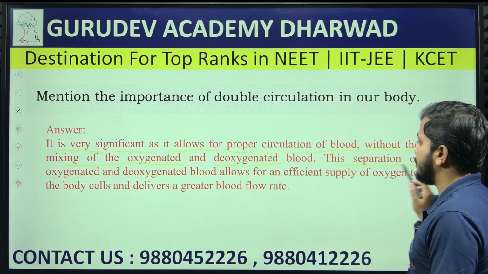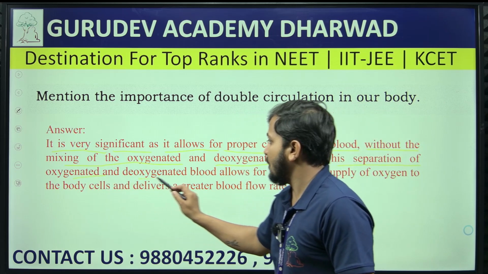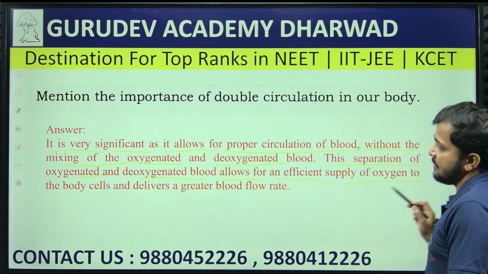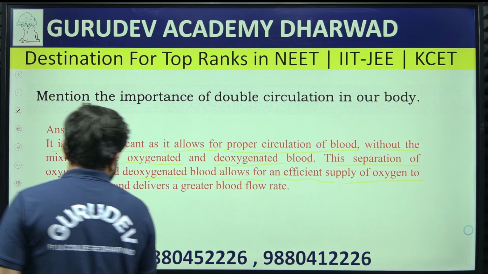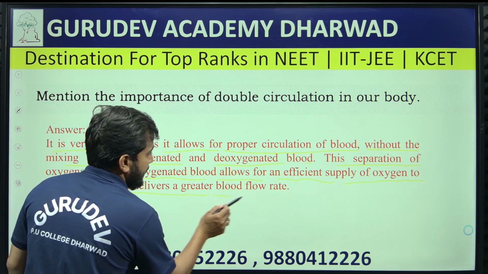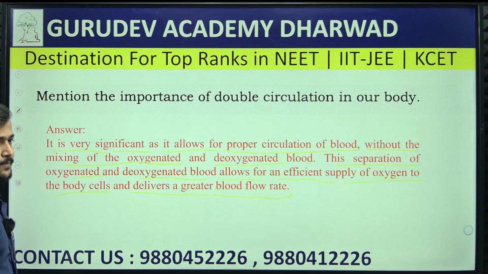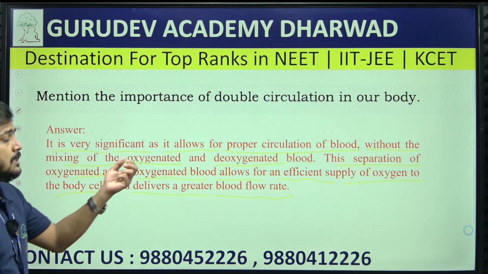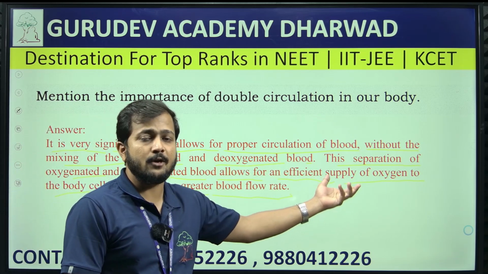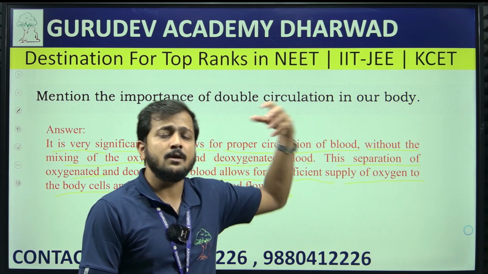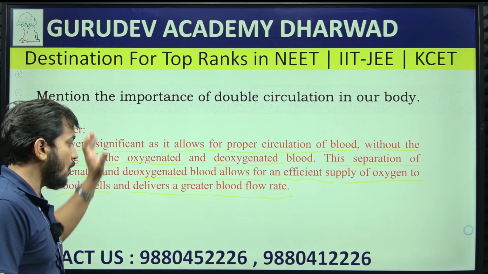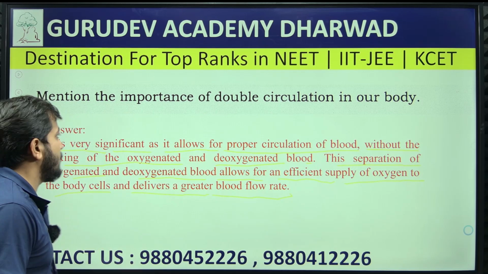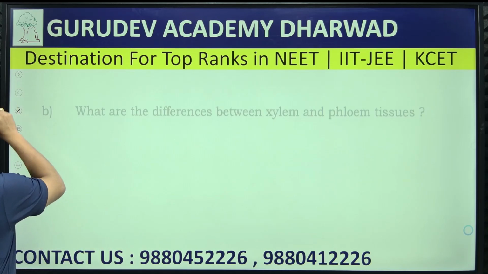This separation allows an efficient supply of oxygen to the body cells and greater blood flow. Double circulation is required for the proper supply of oxygen to all the cells of our body. For that, double circulation is necessary.